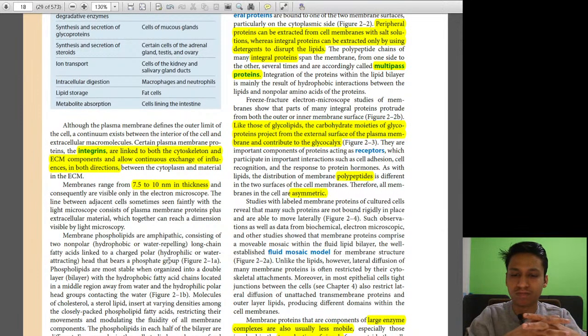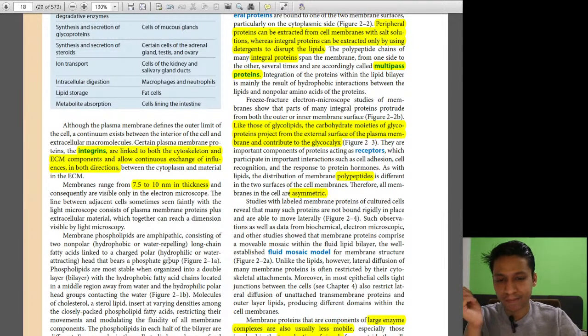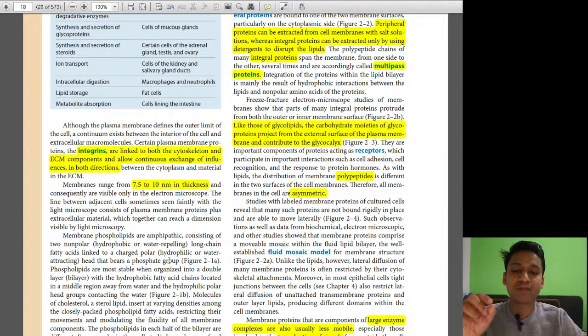They are divided into two parts: a polar head and a non-polar tail. The polar head is hydrophilic, meaning water attracting, and the non-polar tail is hydrophobic, meaning water repelling. Because of this type of arrangement, we call membrane phospholipids amphipathic.